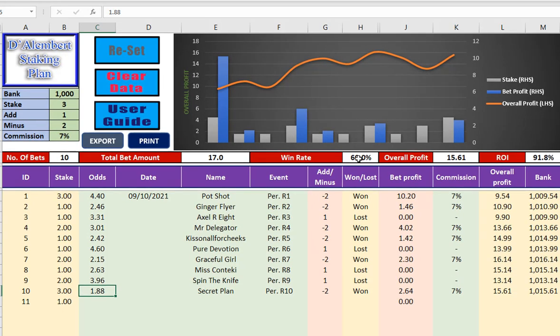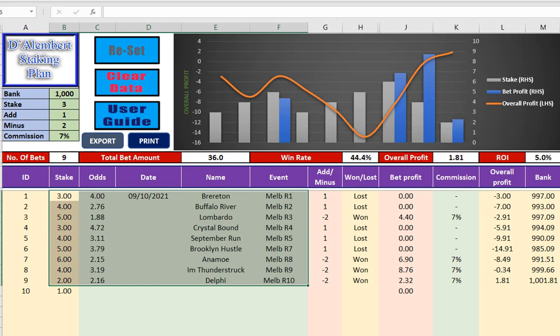I can't guarantee every Saturday is going to give you 60% winners, but if we just have a look at the tab, this is Perth, Melbourne. We had 44% winners, but we did have only a small profit of 1.81, a 5% return on our investment. We had to invest 36 because we had 2 losers in a row and then 1 win, and then we had 1, 2, 3.